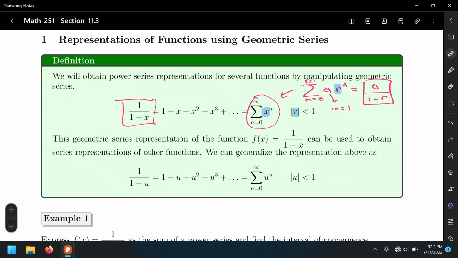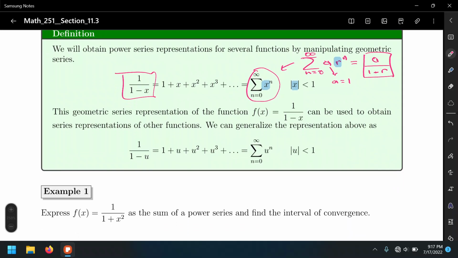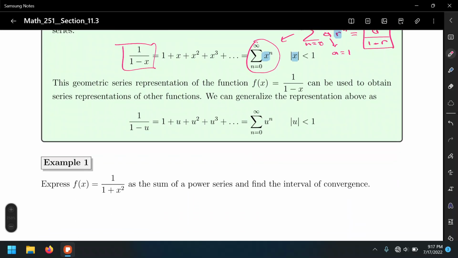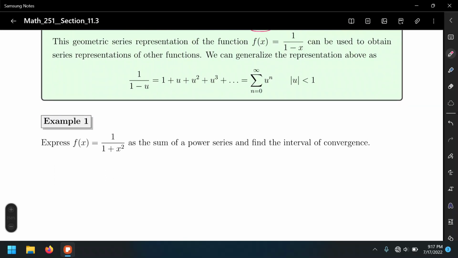What if I wanted a power series for, maybe, 1 over 1 minus x cubed? In this case, we need to generalize this x to be a u, because we will find power series for more composite functions. I think the best way here is to have a look at one example, and I'm going to leave this visible so you can refer to the form that we're using.